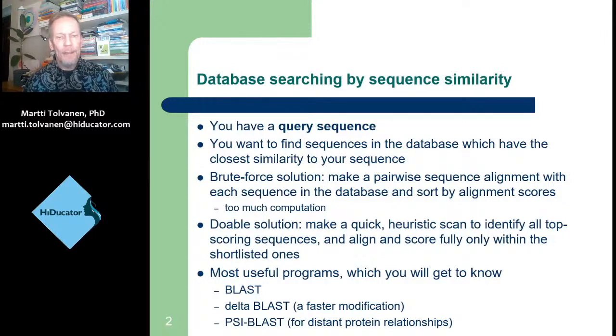And the good thing is that they've kept up the development, and the algorithm as such is so good that it is still useful. We have the BLAST 2 version from a later date and some modifications called Delta BLAST and Psi BLAST for special purposes, which we'll get to know.